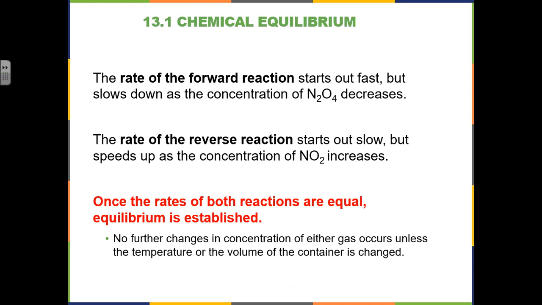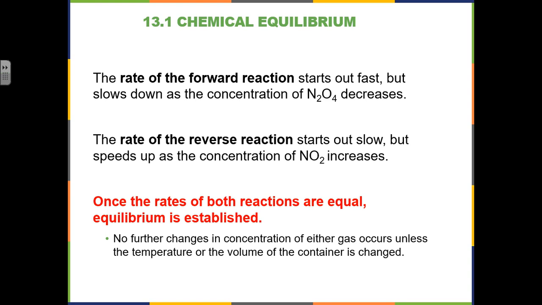Now, the rate of a forward reaction starts out fast, which I said before, and you want to keep in mind that at the beginning of any reaction, that reaction rate is going to be the greatest that it's going to be. Now, the rate of a reverse reaction actually starts off slow, but speeds up as the concentration increases. And so once the rates of both reactions are equal, your equilibrium is established.